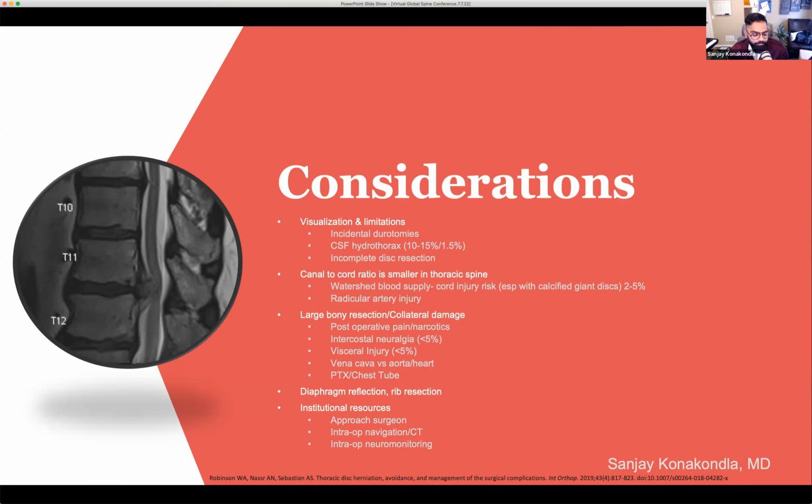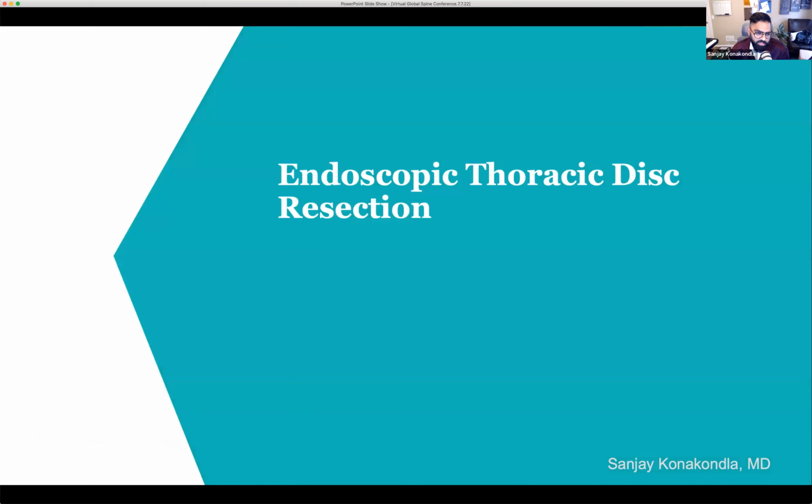Anywhere from durotomies, especially in this area where we're talking about intrathoracic negative pressures, which can be pretty difficult to manage, to spinal cord injuries, the amount of bony resection we have to do to accomplish our real goal of a particular surgery, all the way down to institutional resources. What help do we have, and how are we going to manage post-operative pain depending on what type of procedure we choose? And it's not really different for endoscopic thoracic disc resections. All those considerations are the same.